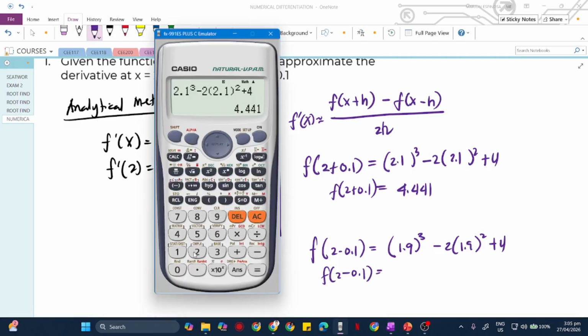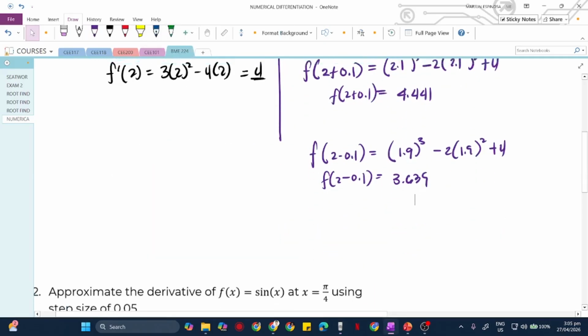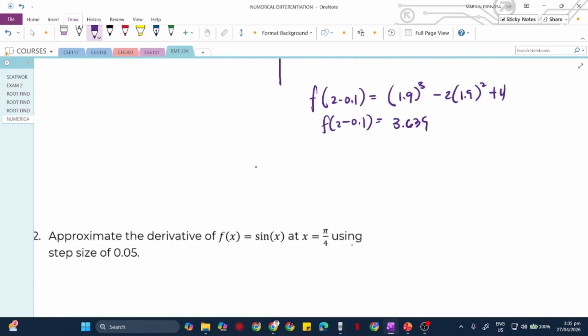So, 1.9 cubed minus 2 times 1.9 squared plus 4. We have here 3.639, no? Then plug in natin dun sa ating formula na tawag nito, Central Difference Approximation or CDA.